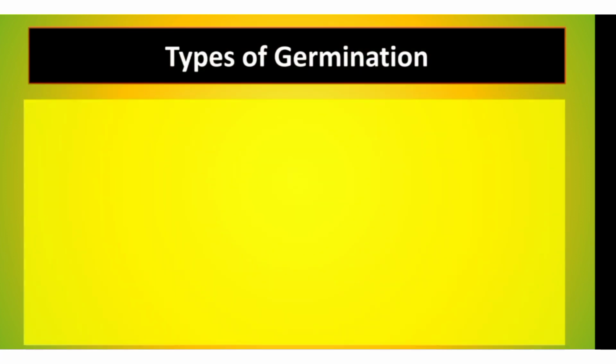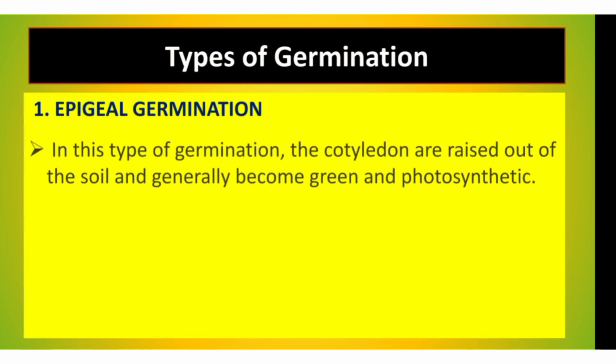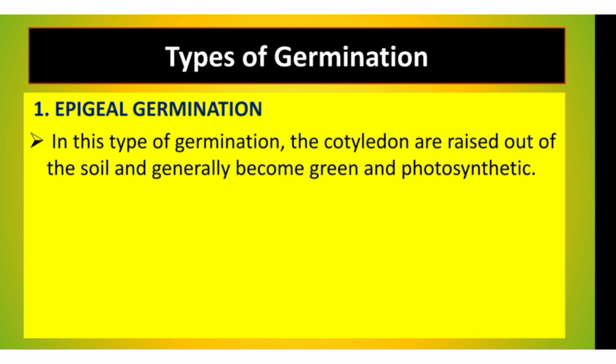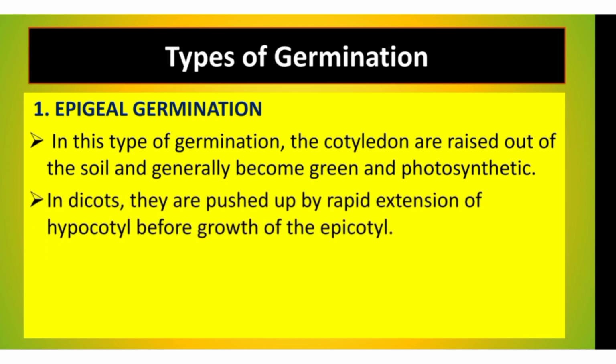Types of germination. We have epigeal germination, in which the cotyledons are raised out of the soil and generally become green and photosynthetic. In dicots, they are pushed up by rapid extension of the hypocotyl before growth of the epicotyl.